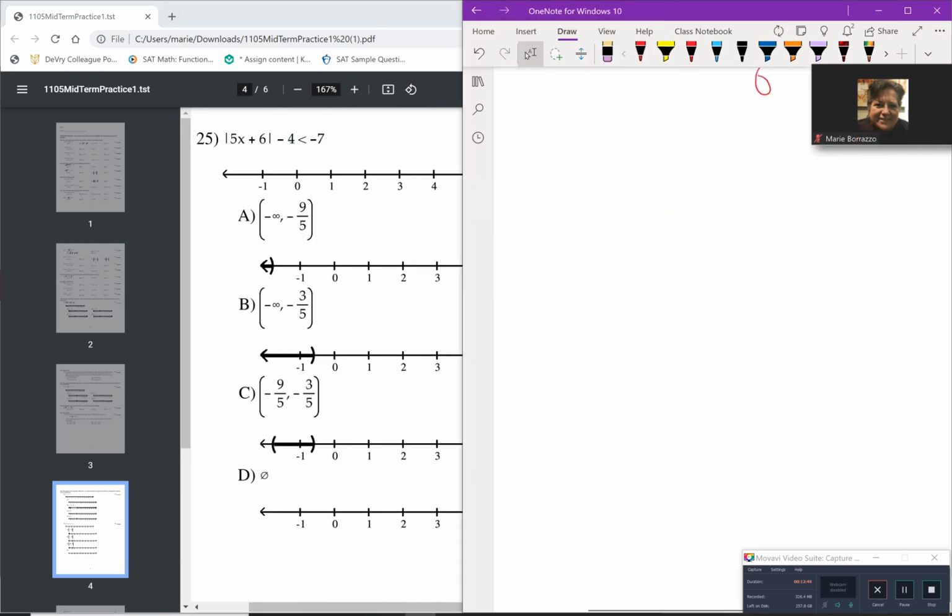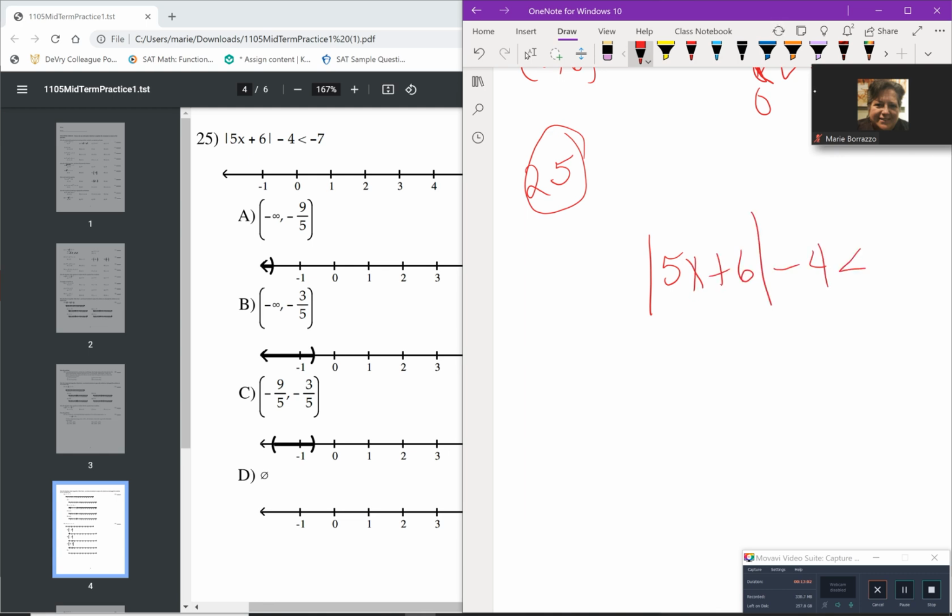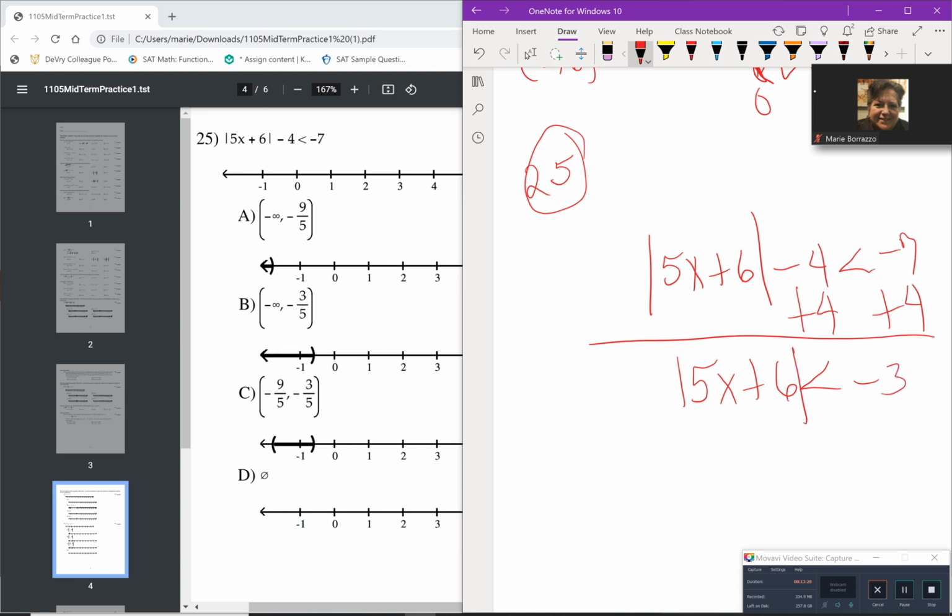All right, number 25. You have the absolute value of 5x plus 6 minus 4 is less than negative 7. First thing we're going to do is isolate that absolute value, and you end up with absolute value of 5x plus 6 is less than negative 3, which means that we need to complete it on the opposite side.